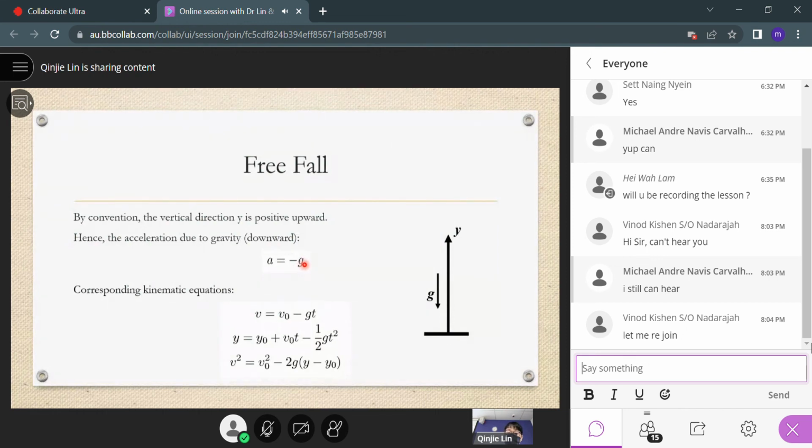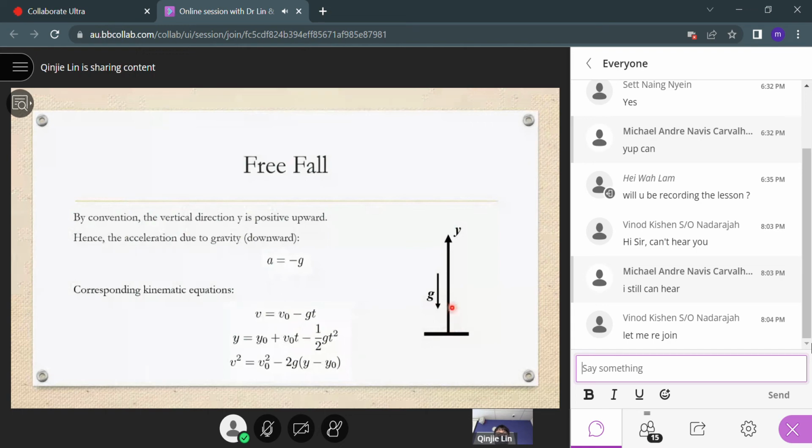So if y is pointing upwards, you are going to get these kinematic equations. Of course, there's another one missing here. For example, the first one is actually our v equals u, this is v naught, which is u, plus at. But now this a becomes minus g. That's why the equation turns out like this.